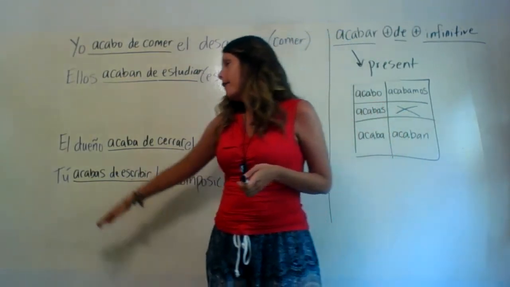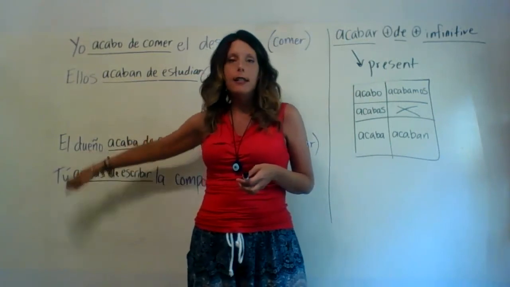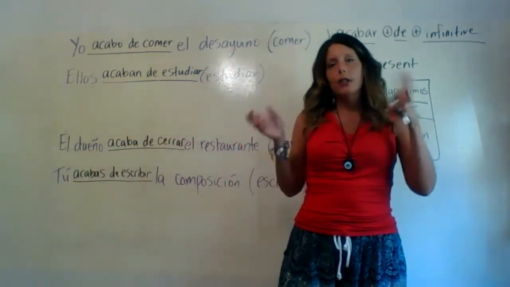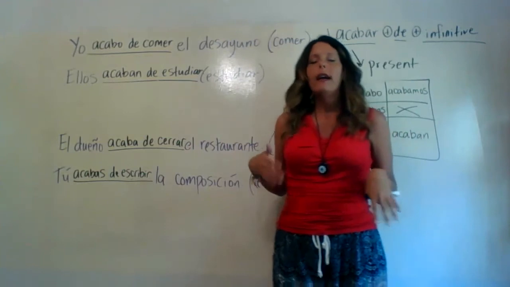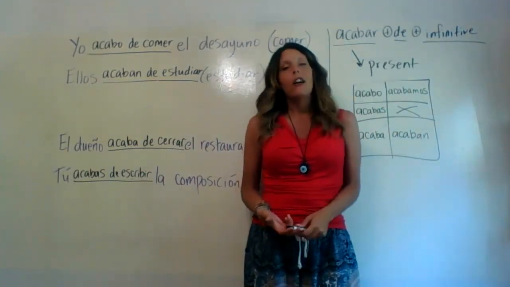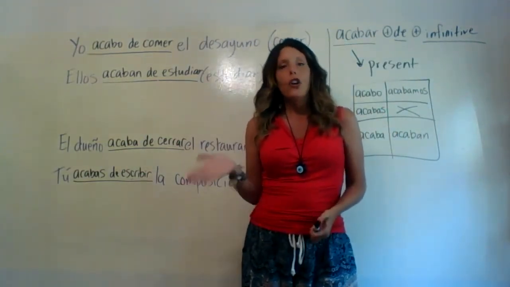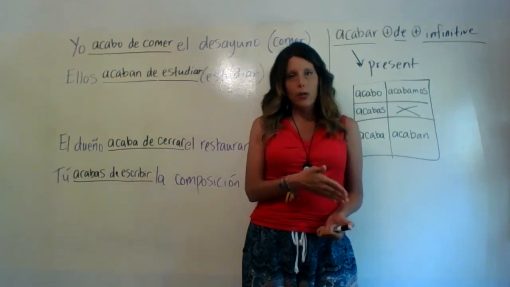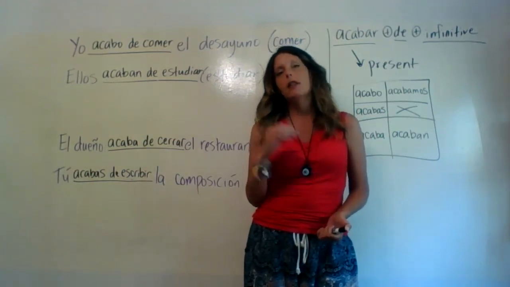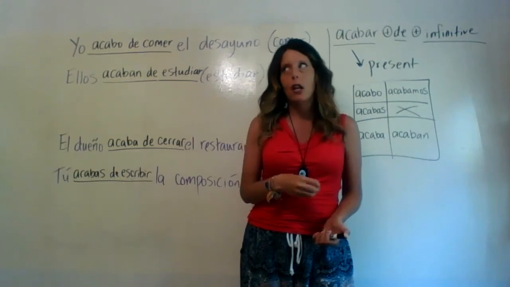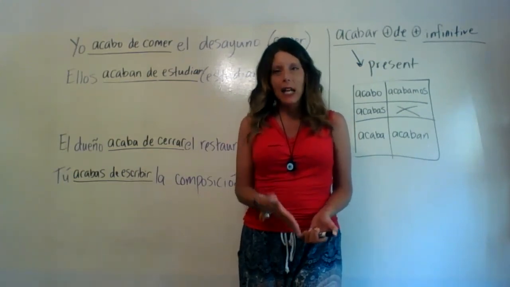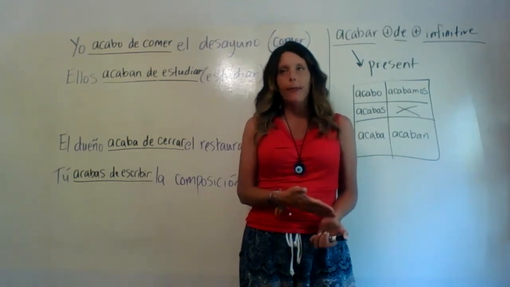Then we have our sentence up here about the owner and the restaurant being closed. When it was in the present perfect, our sentence was the owner has closed the restaurant. El dueño ha cerrado el restaurante.